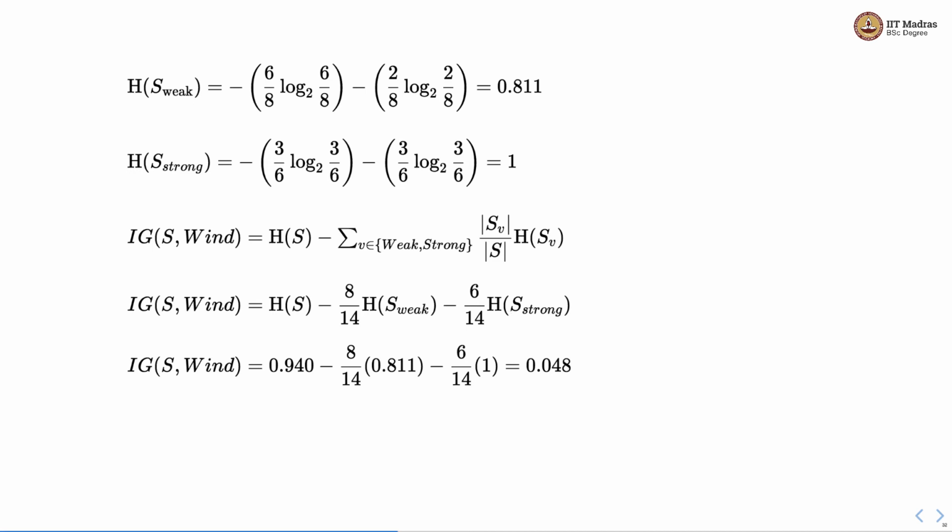This turns out to be 0.048. So the information gain for attribute wind is 0.048.